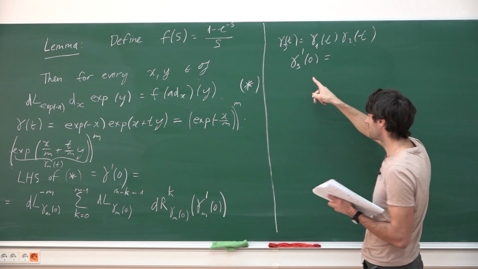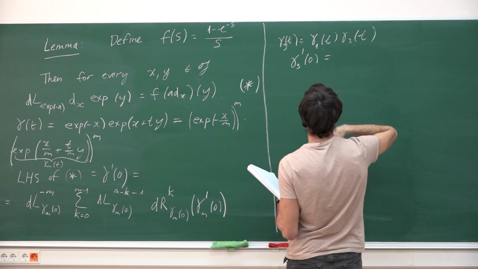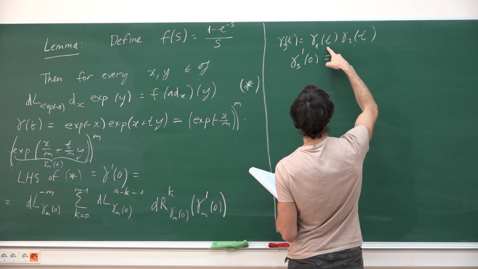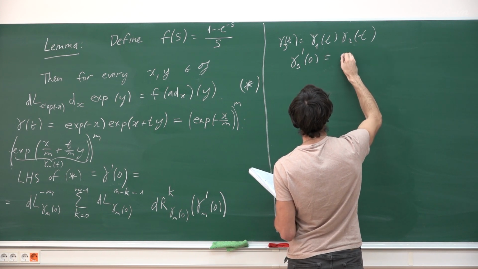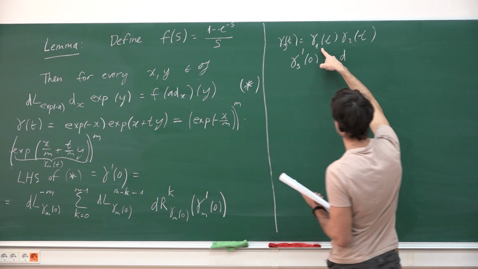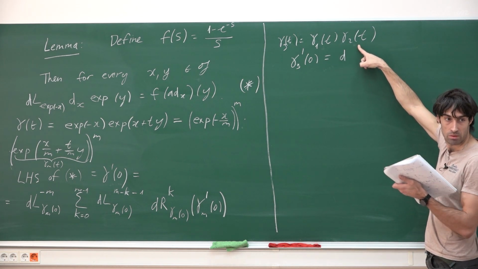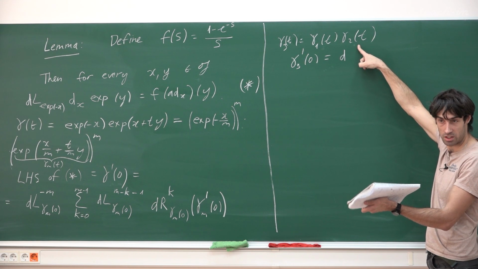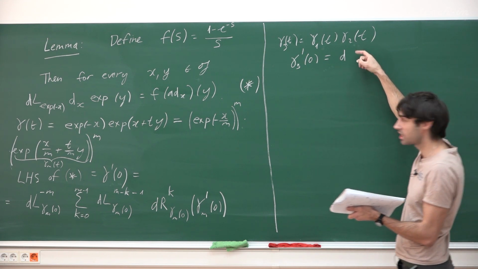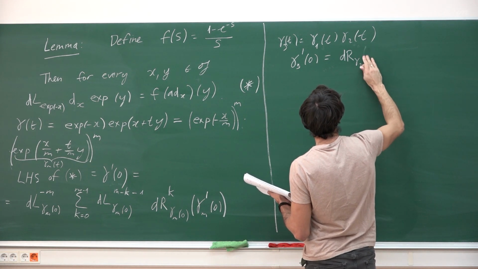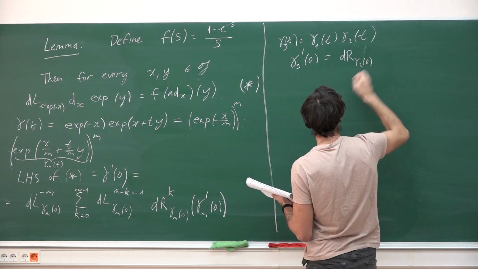In the correct way, it is restated as follows. I take the derivative of this, which is a tangent vector, and multiplication from the right means I take the differential of right multiplication by gamma 2 at 0.